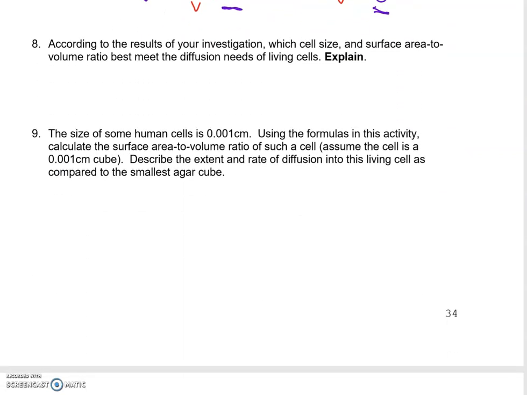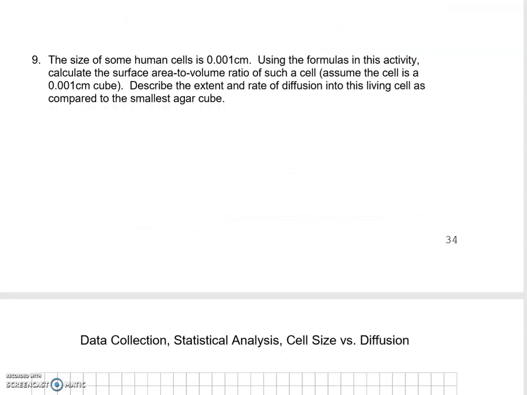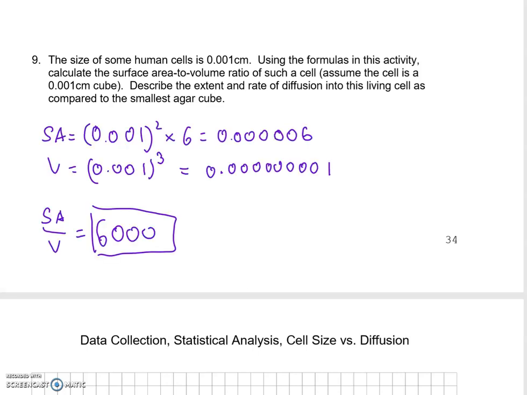Now if we calculate on 9, the size of some human cells is 0.001 centimeters. Using the formulas in this activity, calculate surface area to volume ratio, assuming the cell is a 0.001 centimeter cube. Describe the extent of diffusion into this living cell as compared to the smallest agar cube. So I did the math here for you.